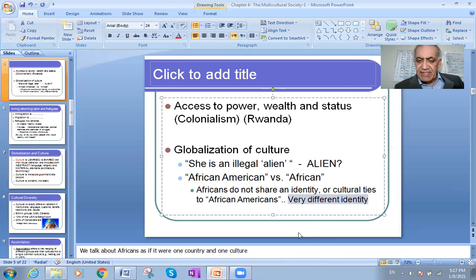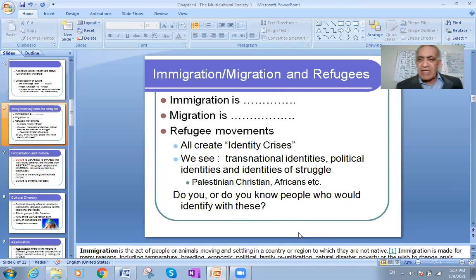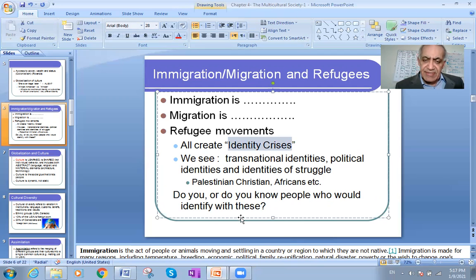Very different identities, of course, since those are living in the States and those are living in Africa. Immigration and refugee movements all create identity crisis. We see transitional identities, political identities, and identities of struggle. Do you know people who would identify with this?